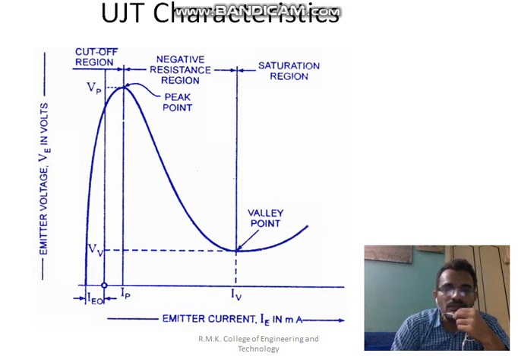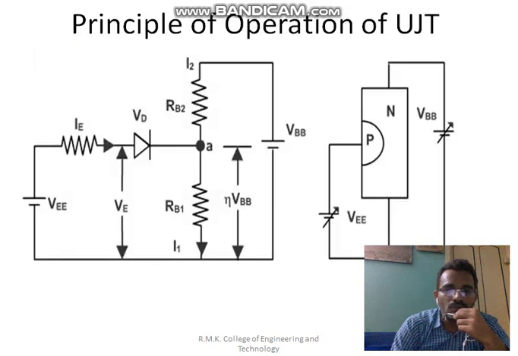Now as we are at the initial stage, when no current is present here, there will be only the flow of current through the channel. Okay, and then there will be no current at IE. Fine. So when there is no current at IE, you don't have a voltage present.